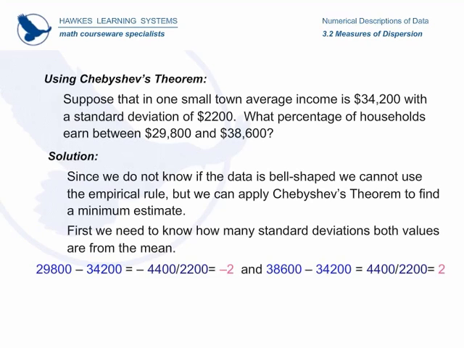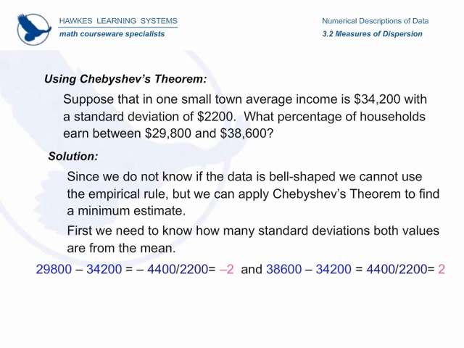So we take our values. We've got $29,800 minus $34,200, and so that would give us a negative $4,400 divided by our standard deviation of $2,200 would give us a negative 2.